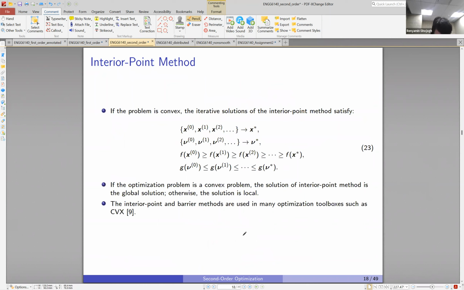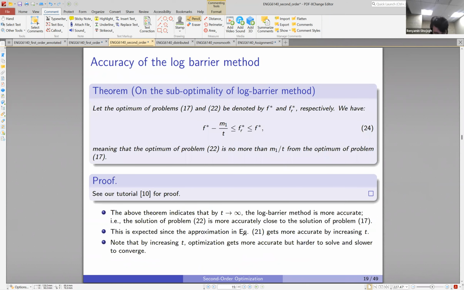And we talked about this, and we said that its accuracy is good enough. Its minimum value is sandwiched between the actual minimum value and the actual minimum value minus something. So the minimum cost function that it finds is better than the actual minimum cost function, although we usually want X star.